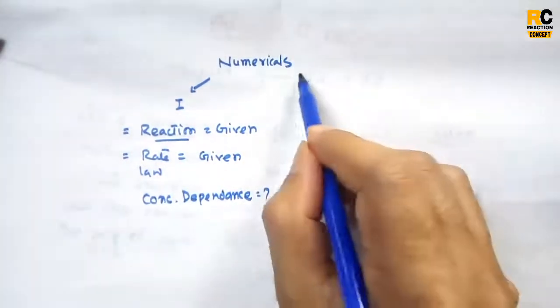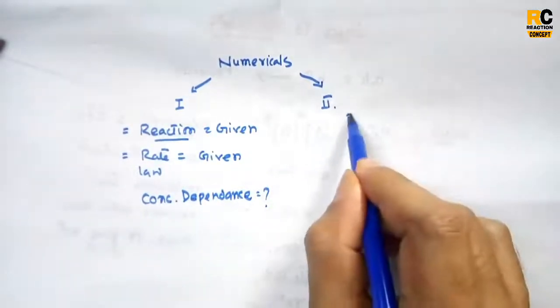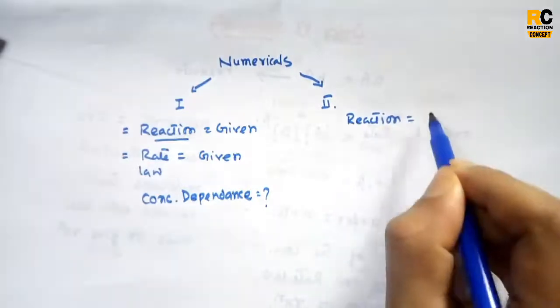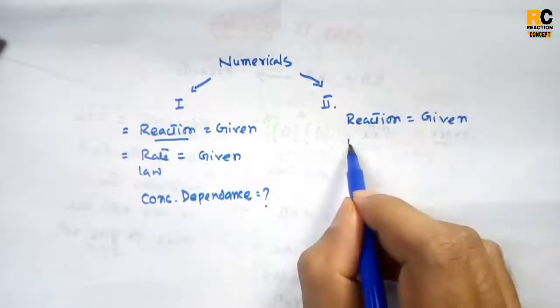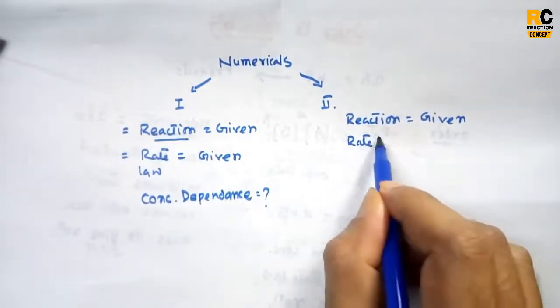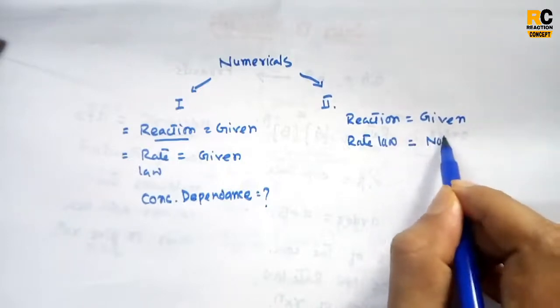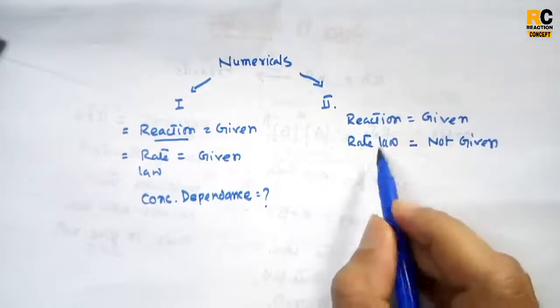And in the second type, the reaction would be given to you, but the rate law would not be given, and you are supposed to find out the rate law.